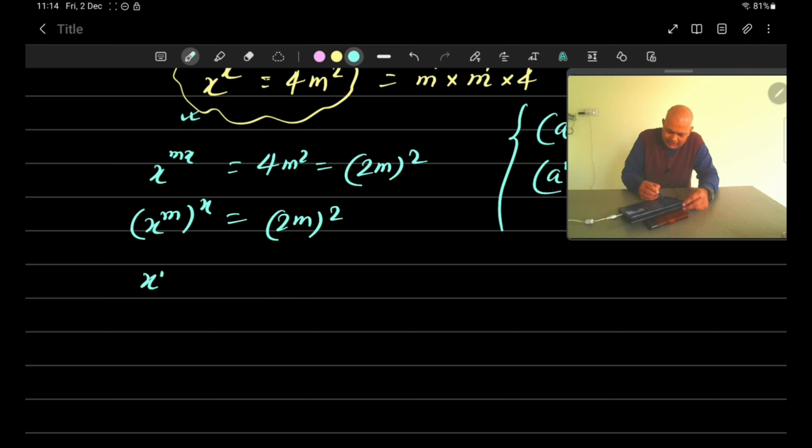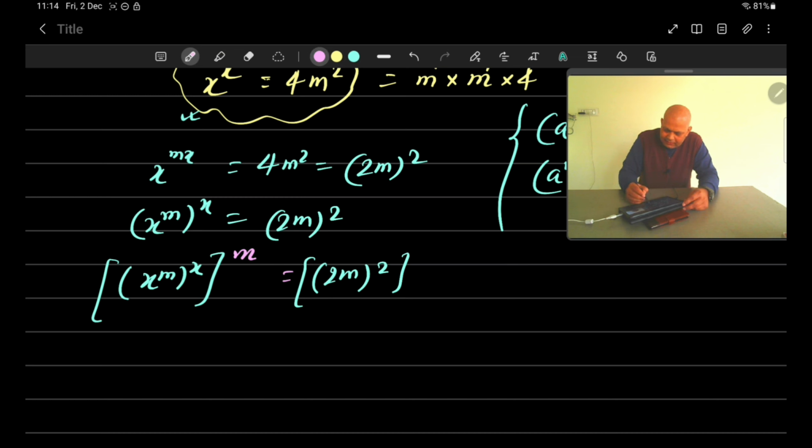So you can write here ((x to the power m) whole to the power x), and once again this to the power m, equals ((2m) whole to the power 2), and once again the whole to the power m. Right?